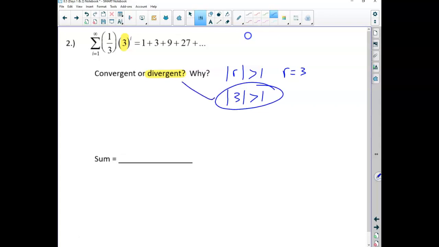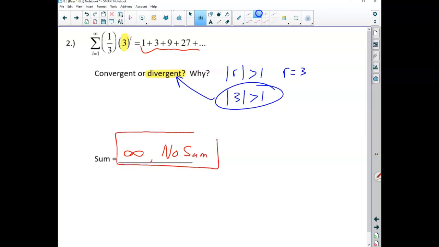So what's the sum? Here's your favorite part. I don't care. I know my sum is going to be positive infinity, which means there is no sum because it's going to get bigger and bigger and bigger.